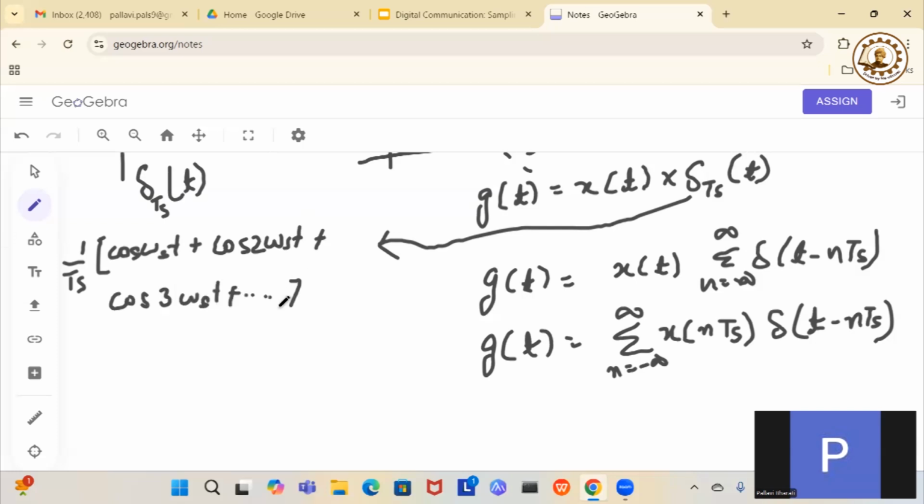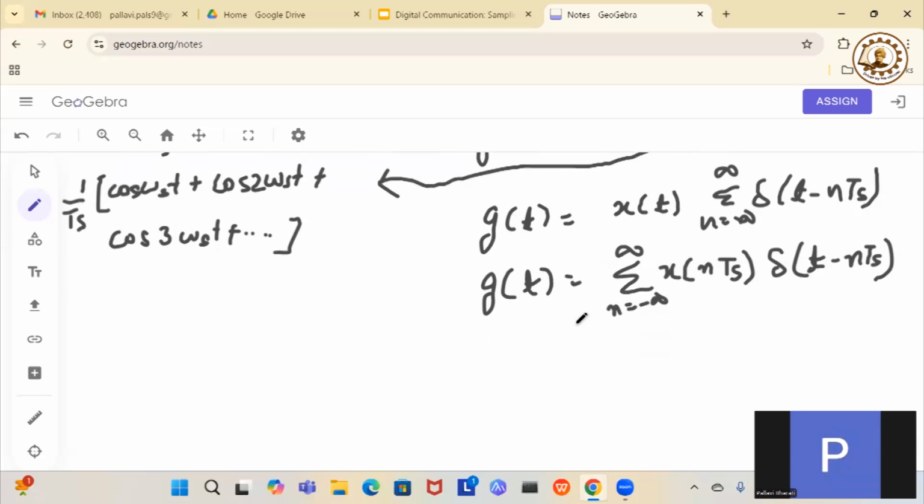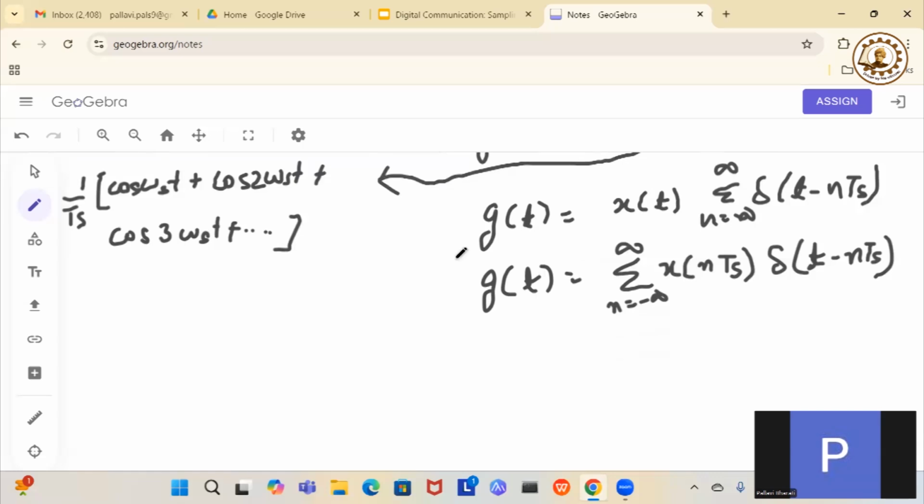So you can see the previous lecture for this type of representation. Here we are just writing the representation. So this one is the case of instantaneous sampling. This is your instantaneously sampled signal. This is the final representation.